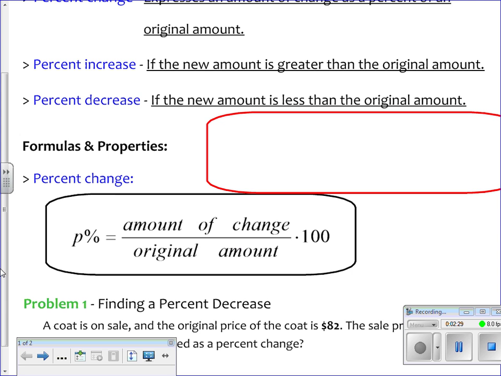The numbers you're going to be using, you want a calculator for this. That's why I said, what's the percent increase? What's the percent decrease? I think everybody's mostly got this down.